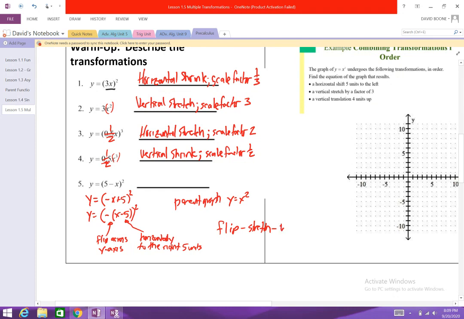So you make that move. So flip. Imagine that your alarm goes off. You flip over, turn the alarm off. You stretch, and then you walk out of bed. So that's going to help you remember that what you do is you do your reflections first, and then you do your stretches or your shrinks, and then you do your translations.